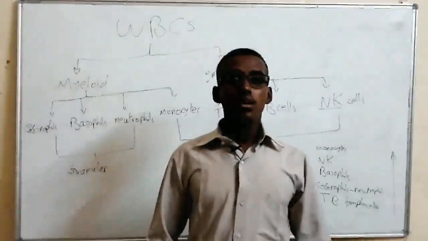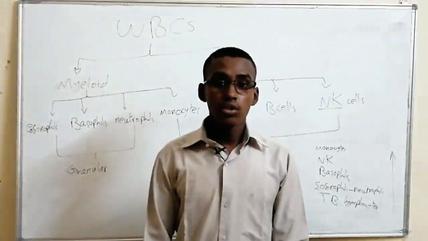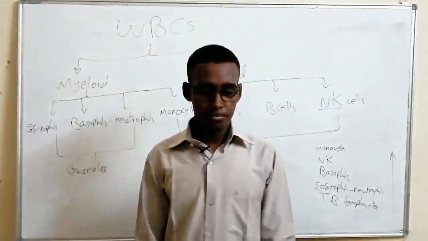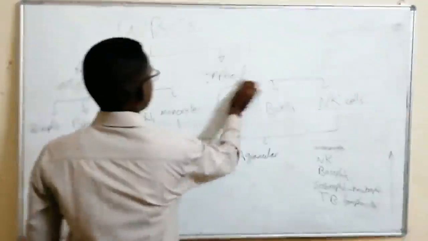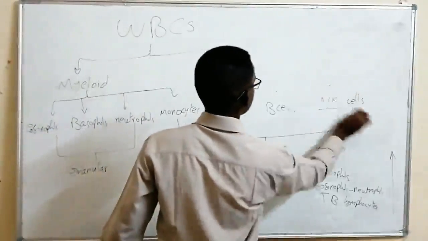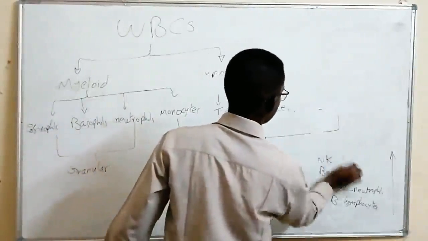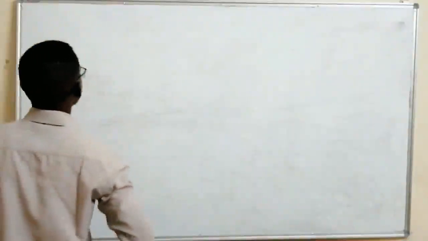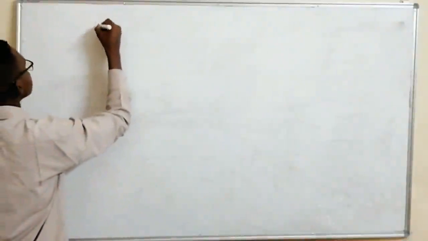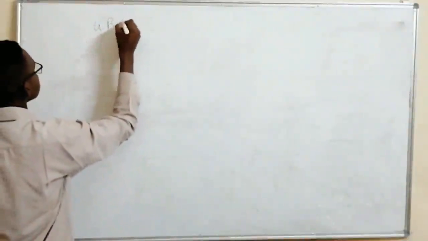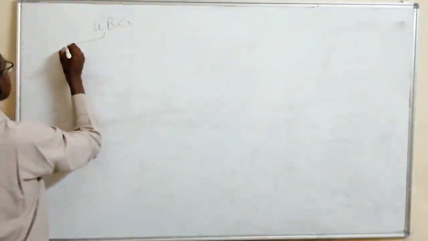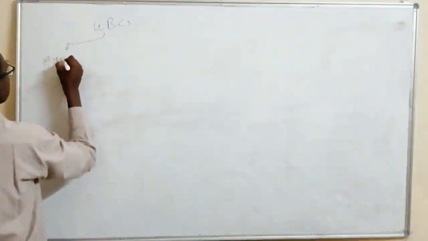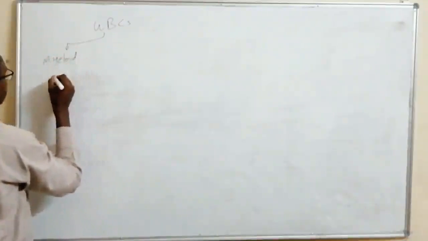Okay guys, I would like to put these cells in order according to their size and according to their count in the blood. Let me make it smaller, I mean this diagram. Okay, let's do it together. We have the white blood cells, myeloid in origin, which include eosinophils, basophils, neutrophils, and monocytes.